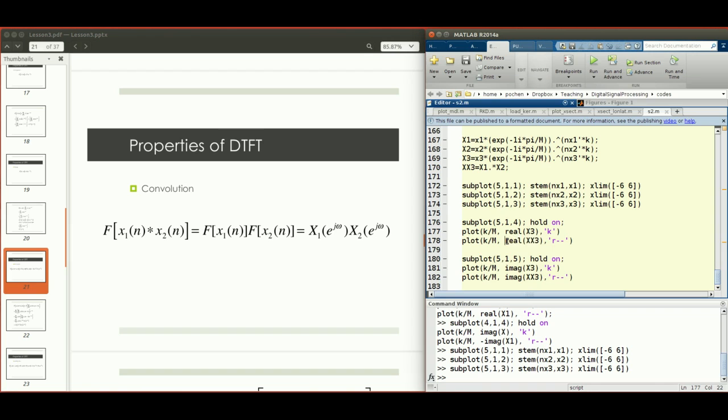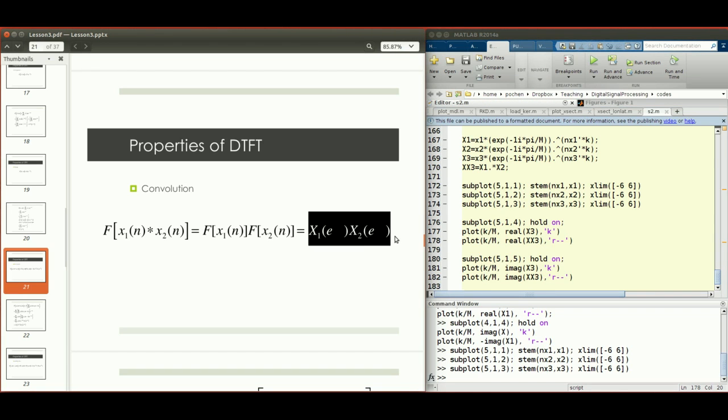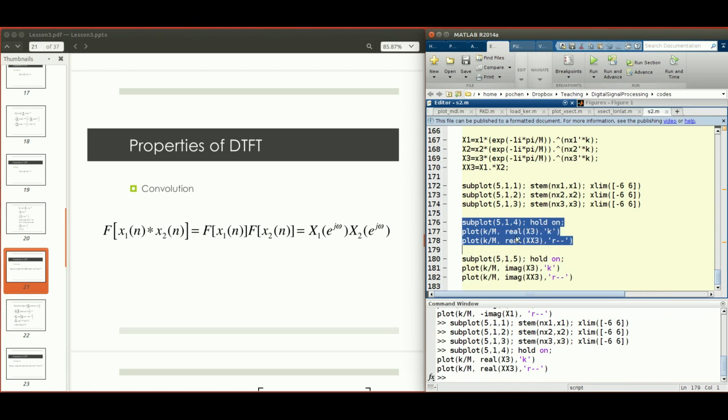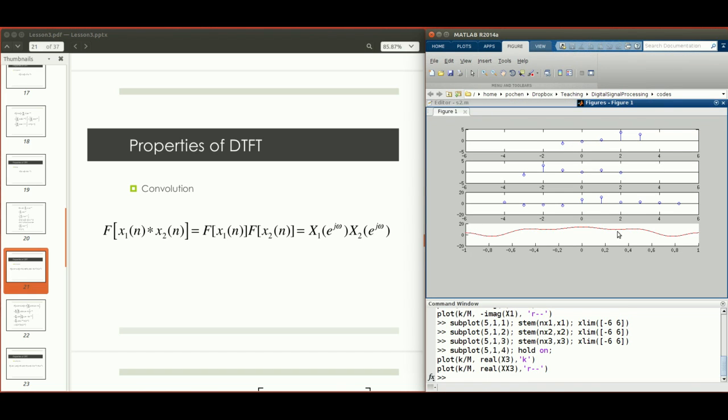And then I'm plotting the real part of XX3, the real part of the right-hand side, in red dash. If they are identical, the red dash should be right on top of the black solid line. Let's just execute this part. And you can see it's exactly the same. There's no difference.